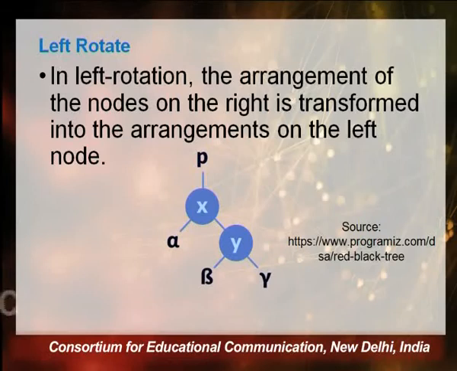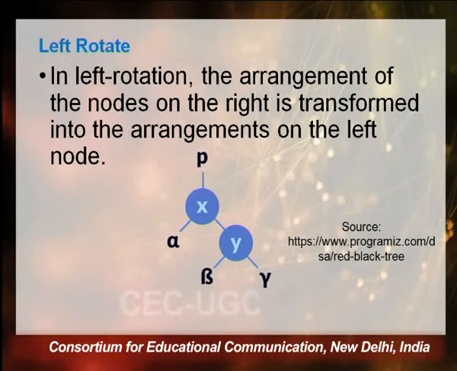P is the parent of x, while x is the parent of y, because y is the right child of x. The left child of x is alpha, while beta and gamma are the left and right children of y. Here we need to be very clear that in this situation we will be performing left rotation or right rotation on x.